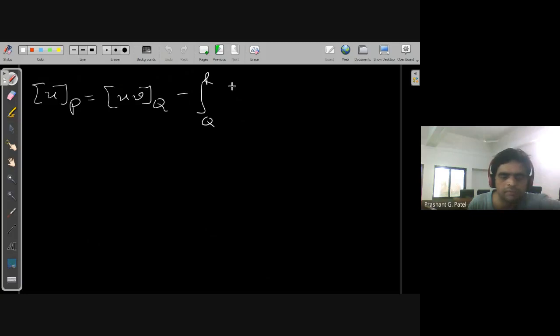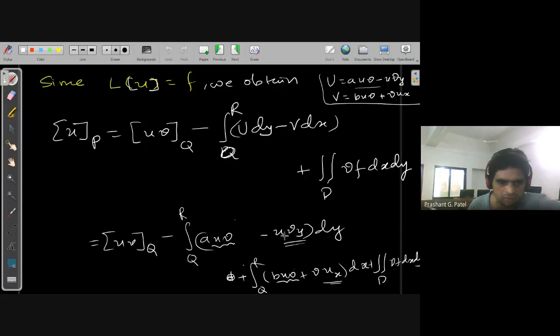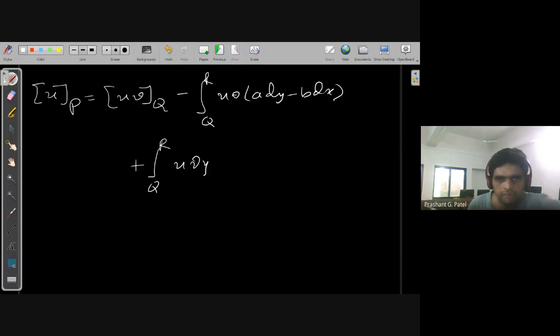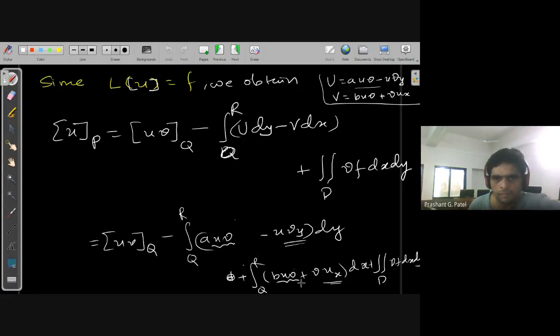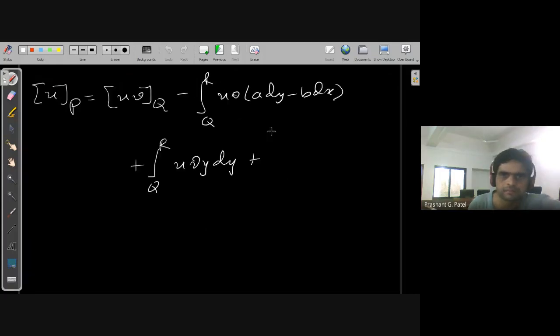So that is a negative of uv common out, a dy minus b dx, plus q to r, the rest of the things, that is u, that is minus minus plus, so u dy, vy dy plus v ux dx, plus that double integration over d vf dx dy as it is. We call this equation number 5.